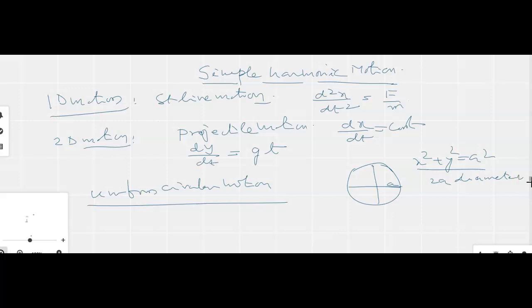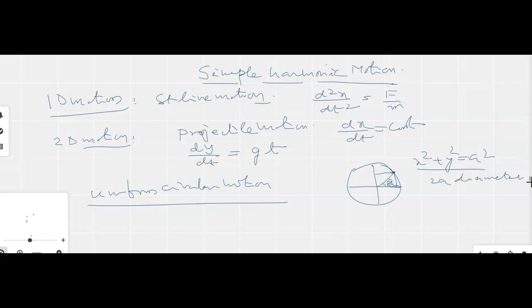Now, if we try to study the circular motion as a combination of two one-dimensional motions, that is x and y motion, we can see, suppose we take a particle at this point, it has a projection on the x-axis and a projection on the y-axis.